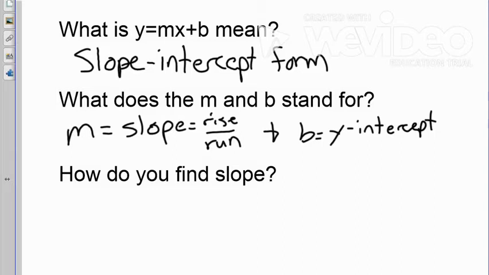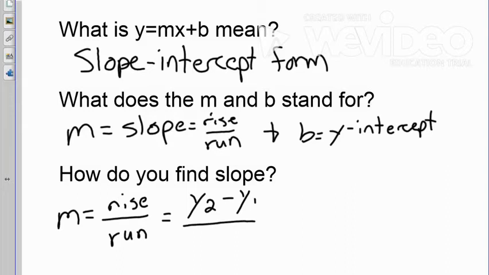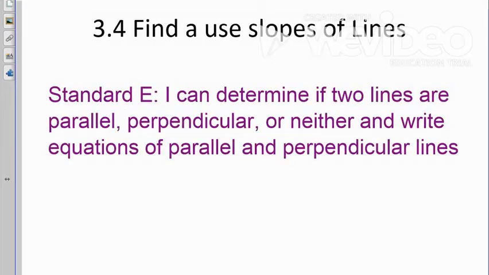Okay, last question, how do you find the slope? Well, as we know, slope is rise over run, as I just wrote before. And then using algebraic principles, it's also y2 minus y1 over x2 minus x1. Okay, so that's a quick review from algebra in terms of what we know about slopes of lines and how to write equations of them.